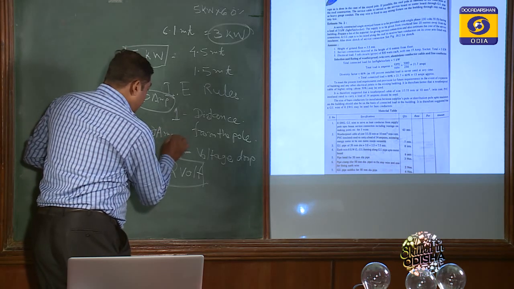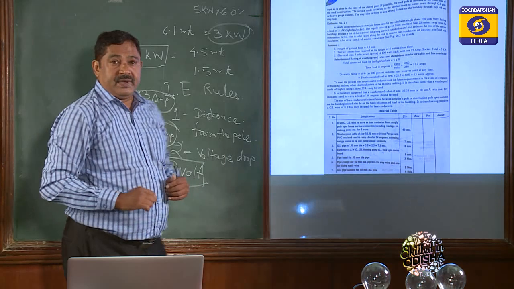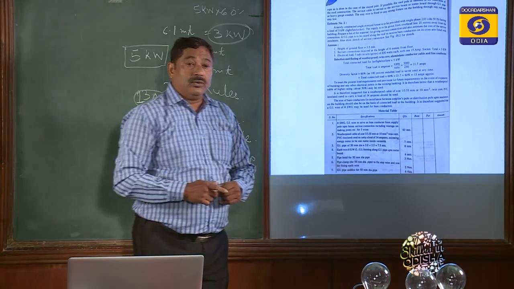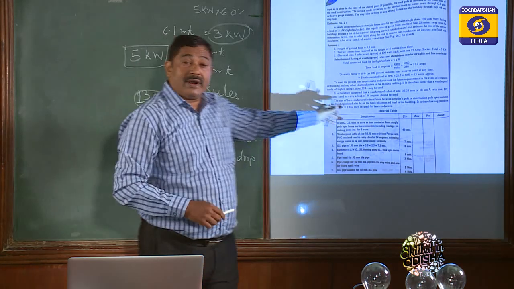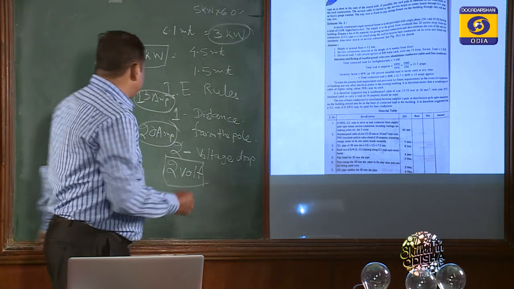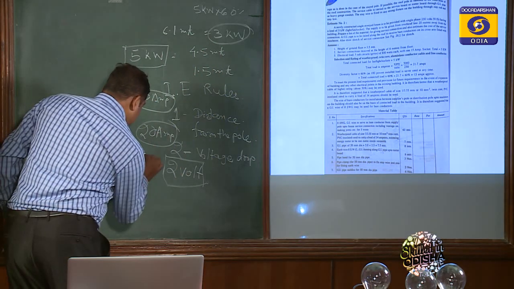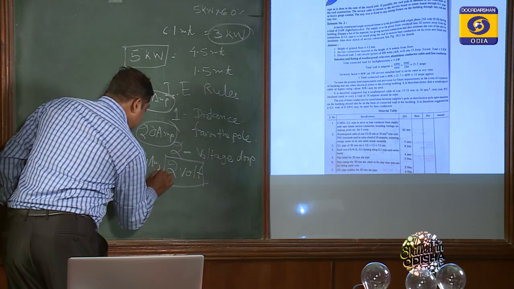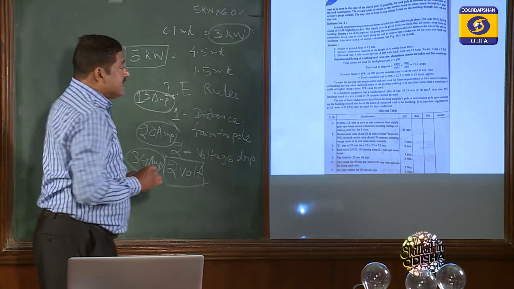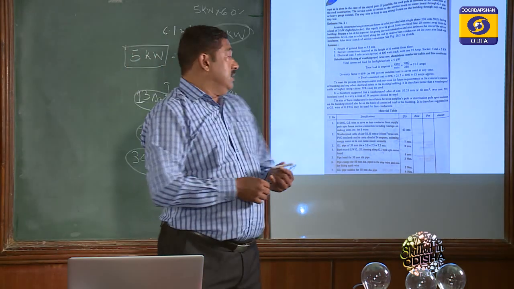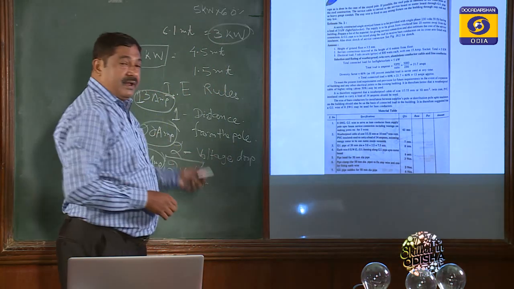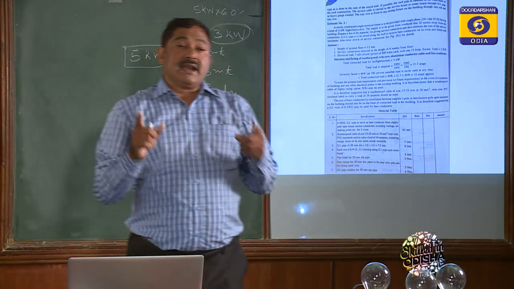But when calculating the service cable, we have gone for a 10 mm square cable. Why? A 10 mm square cable can take 34 ampere. The reason for giving 34 ampere instead of 20 ampere is the voltage drop.